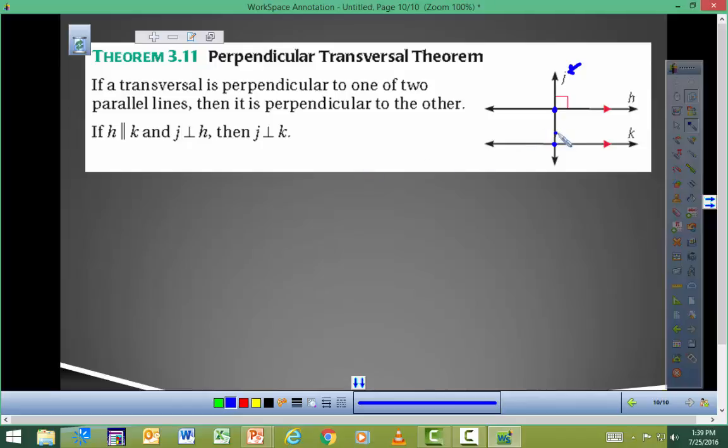Well, that seems obvious because they'd have to have the same slope, right? And if the slope here is a perpendicular slope, then the slopes here would have to be perpendicular. Well, that seems pretty obvious so far.